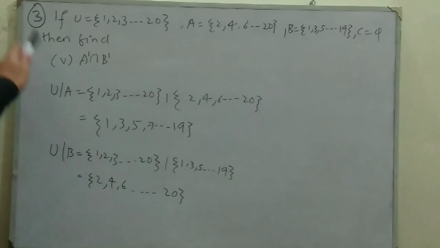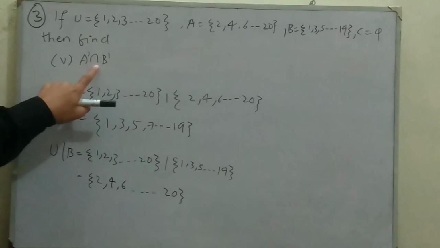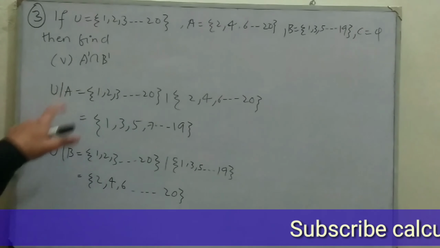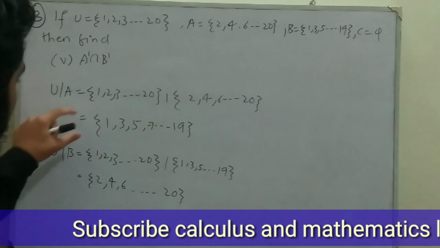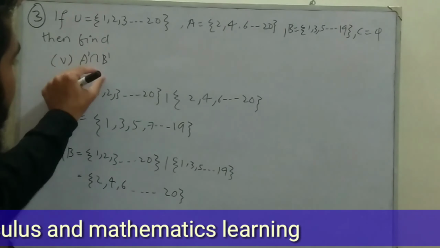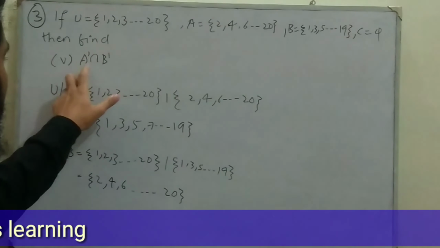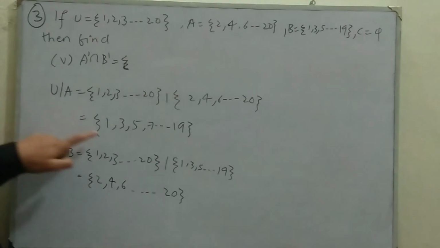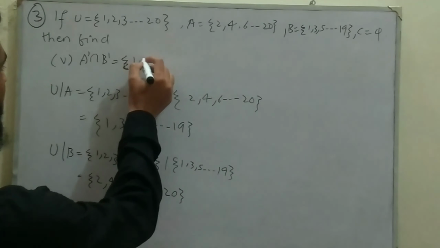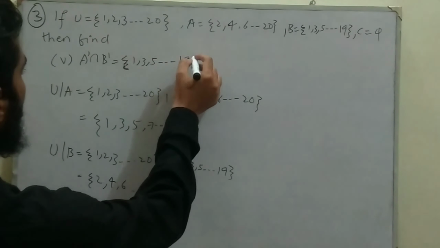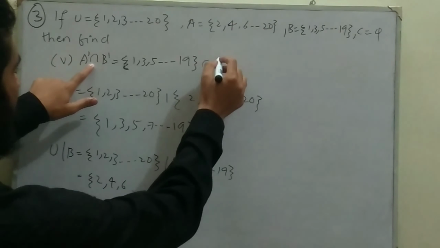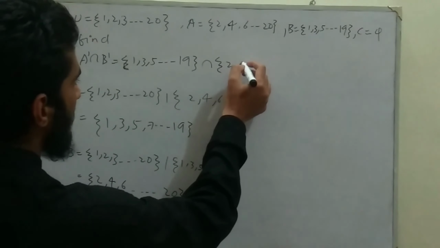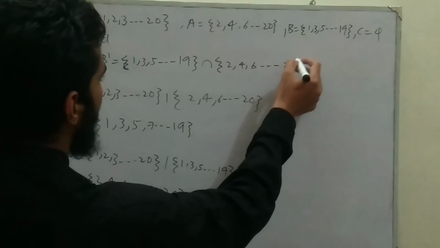Move to the fifth part of question number 3. Find A complement intersection B complement. Here we do not need to find A complement and B complement again, since we already found them. Now put these values in and find the intersection of these two sets. A complement is 1, 3, 5 to 19, intersection, B complement, which is 2, 4, 6 to 20.